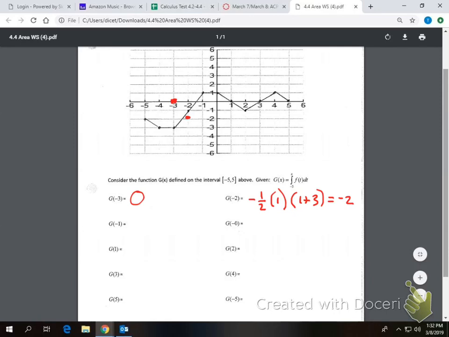No, it's not 0. It's -2. We don't change. From g from -3 to -2 is -2. And then if we go from here, that negative plus that positive keeps it -2. Would you all agree with that?